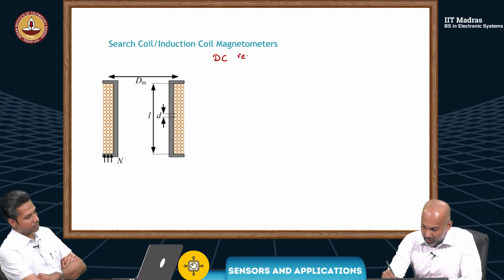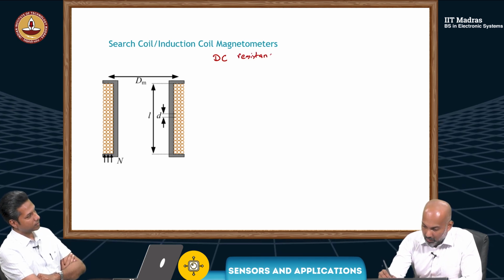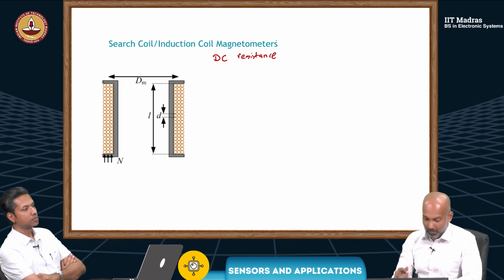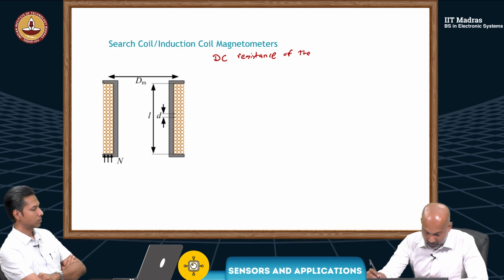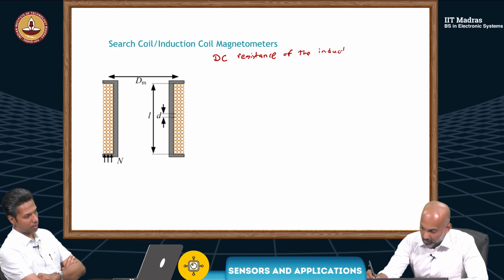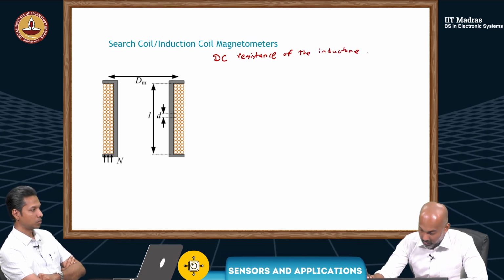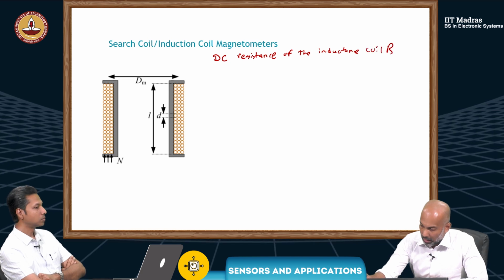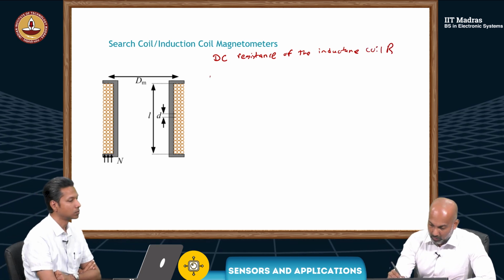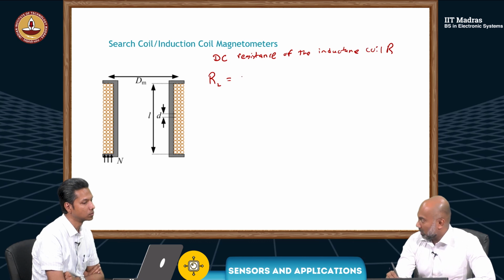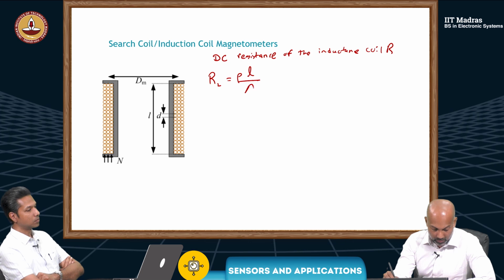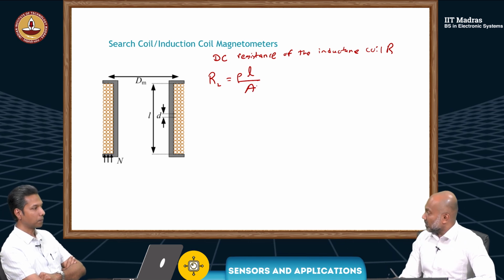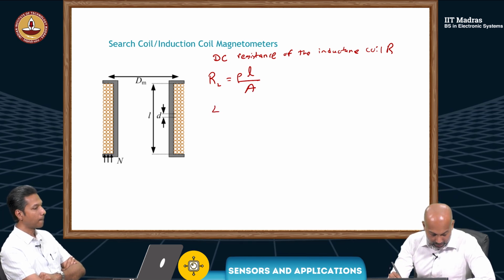So here, let's now measure the DC resistance of the coil for this situation. Based on rho L by A, then we know that it is rho L by A. So what is L in this case?